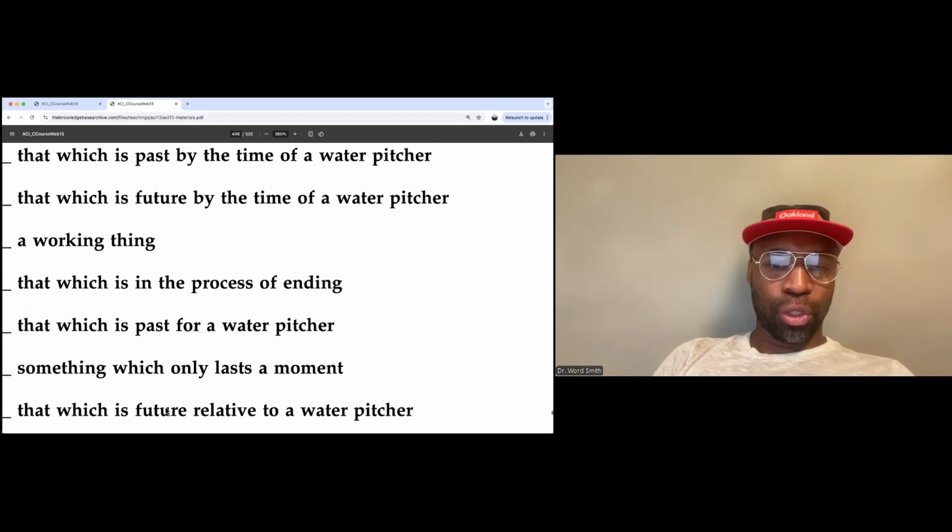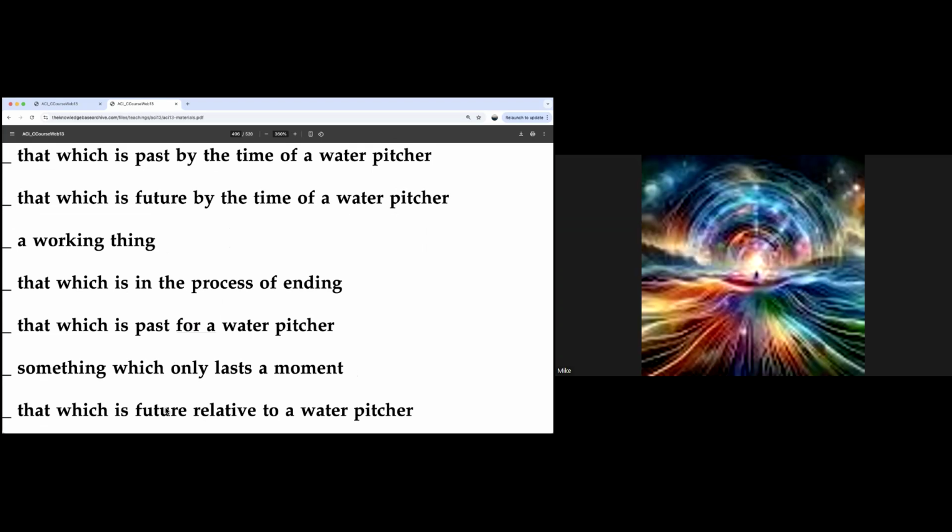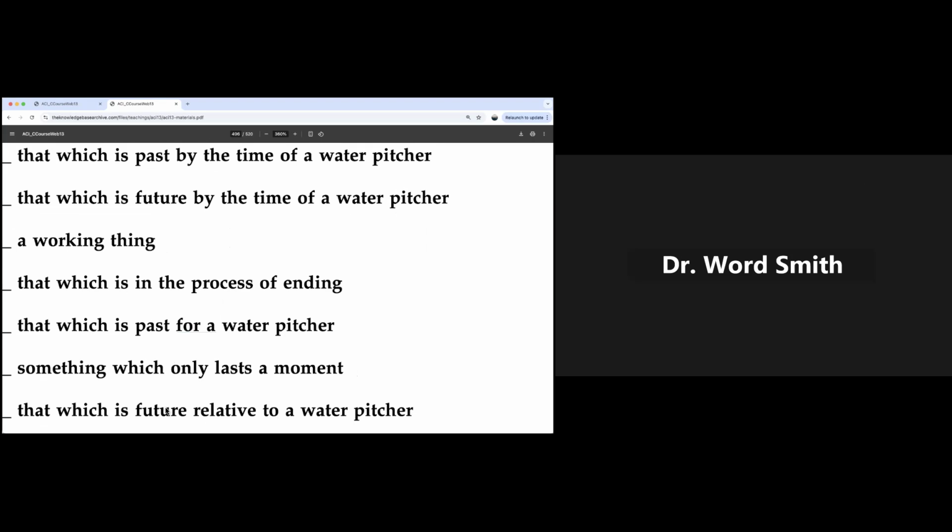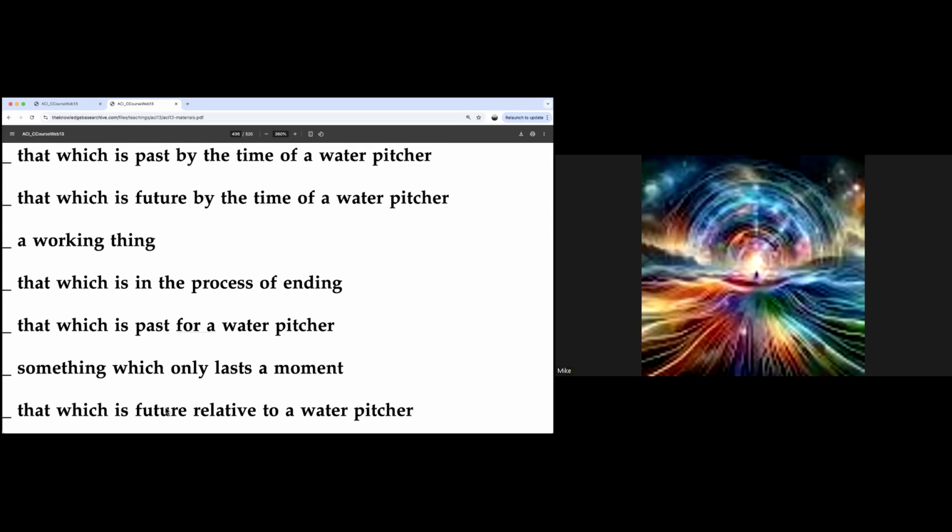That which is future relative to a water pitcher. Uh-oh, tricky, tricky. One. There's some trick going on, that's for sure. I want to say two, but then I'm like, no, it has to be one.